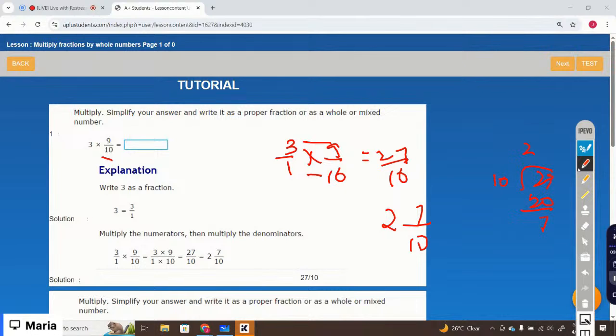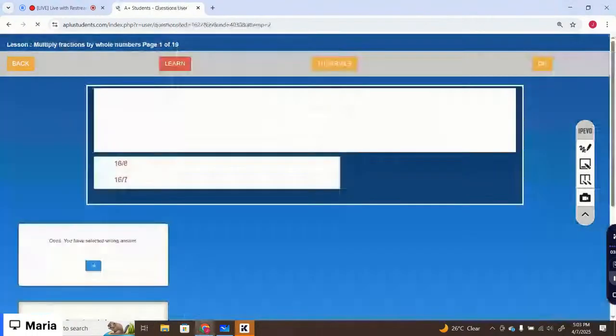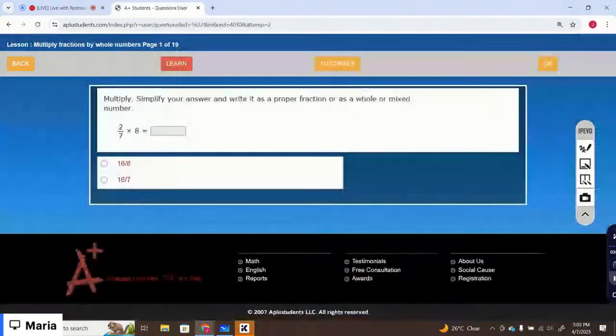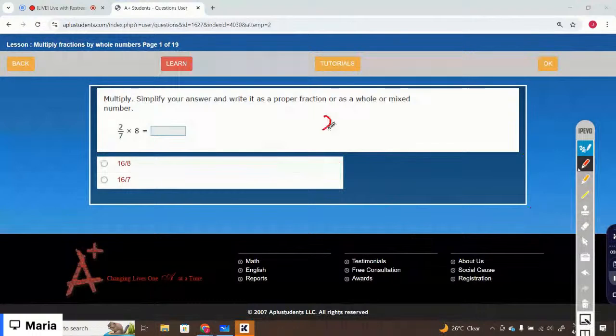Let's just move on to the next question. Multiply. Simplify your answer and write it as a proper fraction or as a whole or mixed number. 2 by 7 times 8.